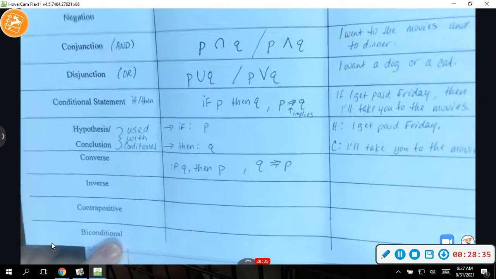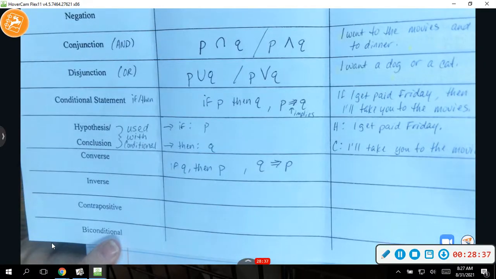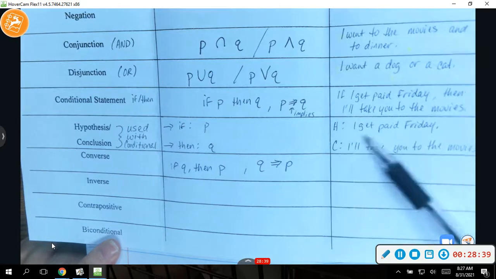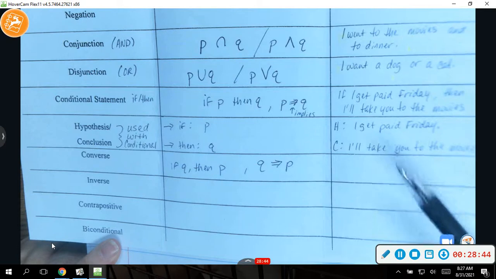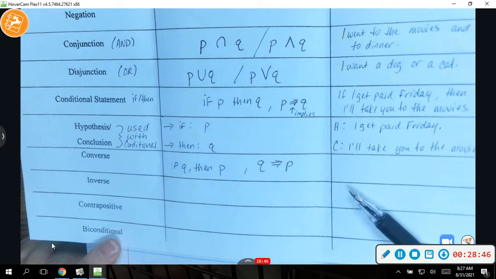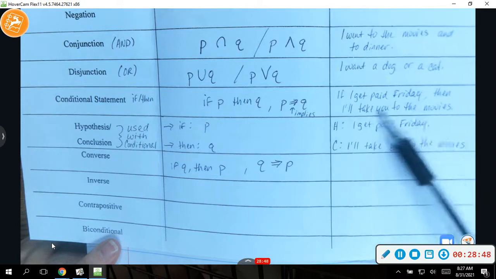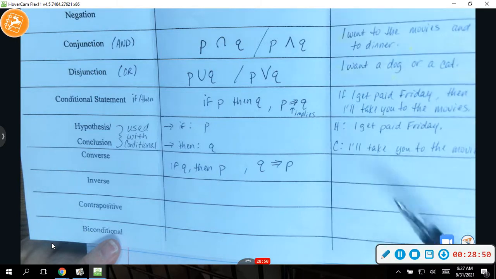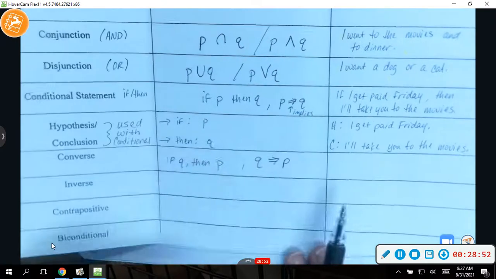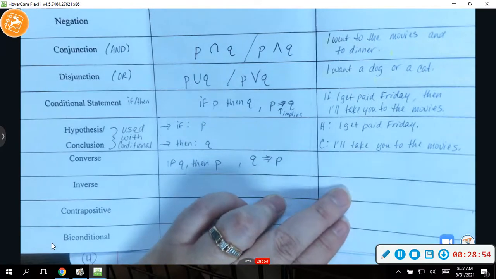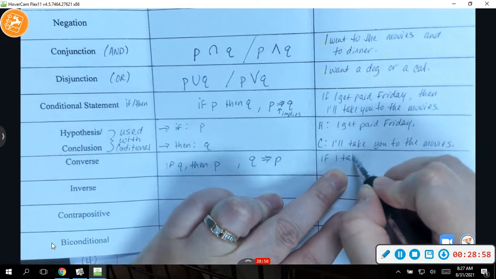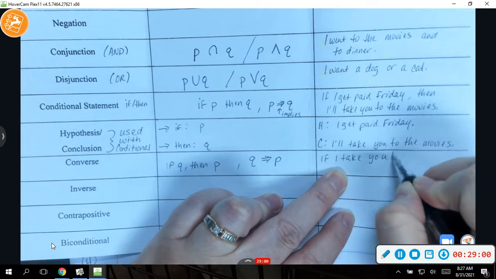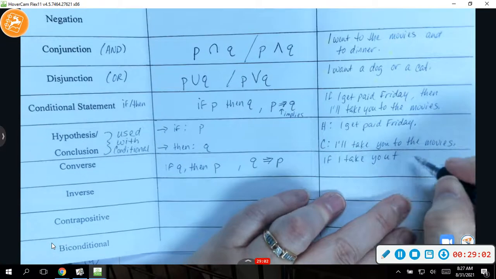And you don't have to use the one I use, but whatever you wrote as your conditional here, as your example, do the converse of that one so you're not confused. Me, I did the if I get paid Friday, then I'll take you to the movies that we talked about. So if I write the converse of that, it's if I take you to the movies, then I got paid Friday.